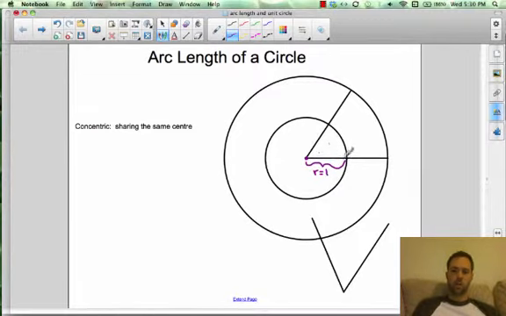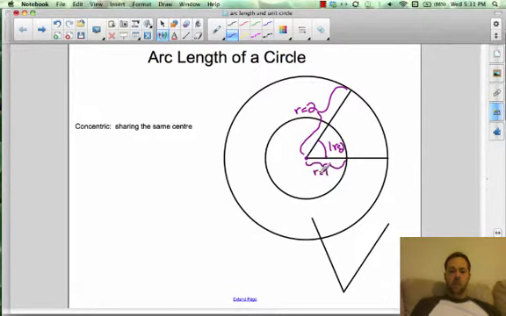The larger circle goes a little bit further out, and I'm going to say it's exactly twice as far out, and I'm going to note there that the radius of the larger circle is 2. Now I've set up this angle so that this is 1 radian.